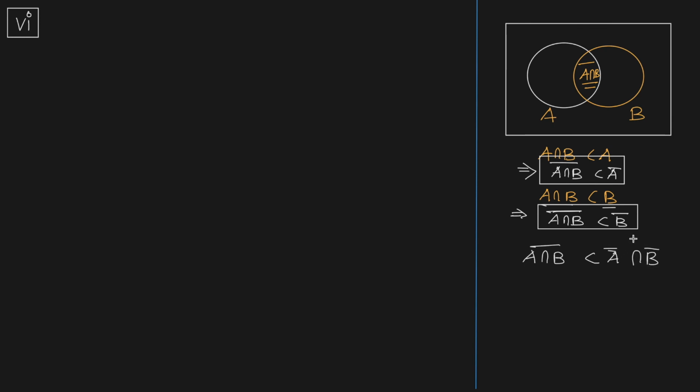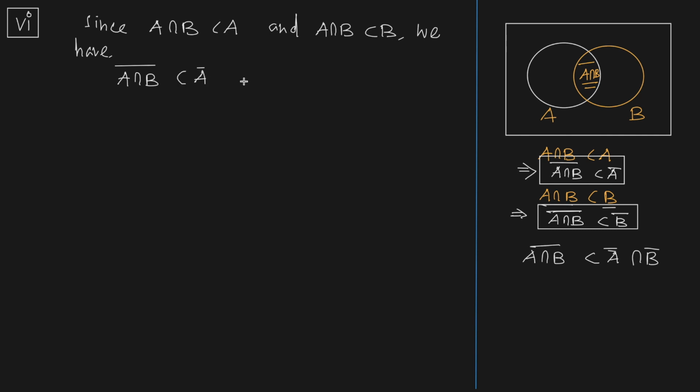Write down this. Since A intersection B is a subset of A, and A intersection B is a subset of B, we have A intersection B closure is a subset of A closure, and A intersection B closure is a subset of B closure.